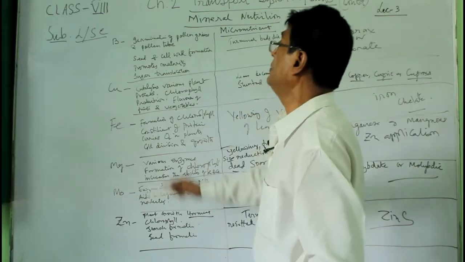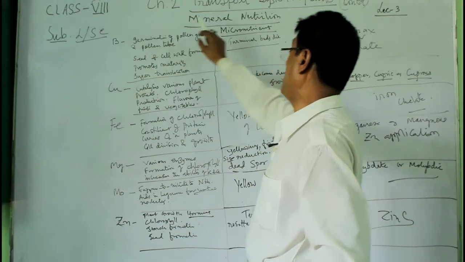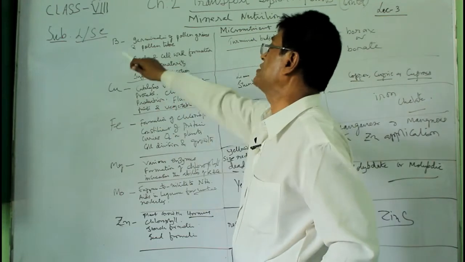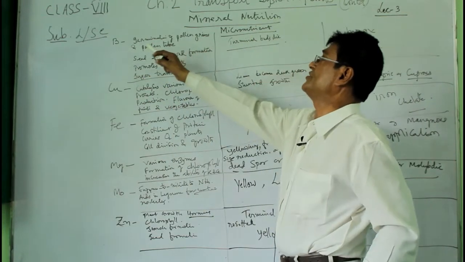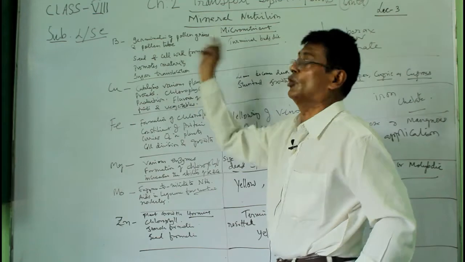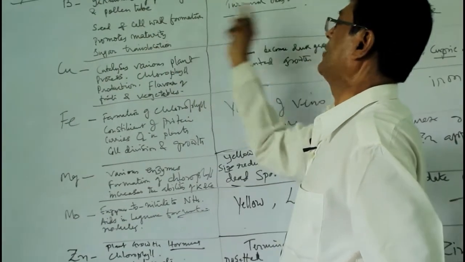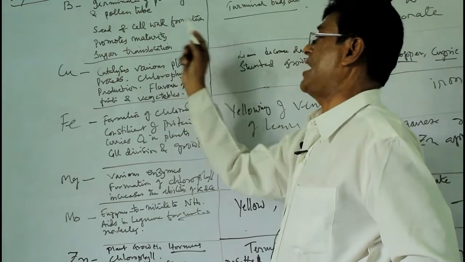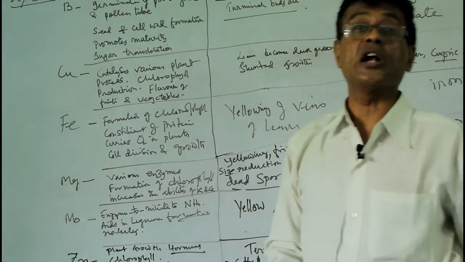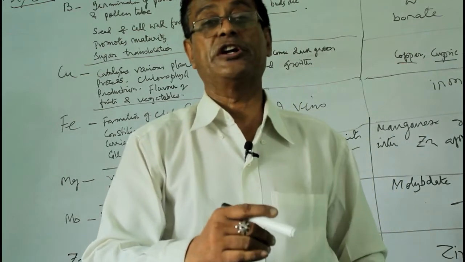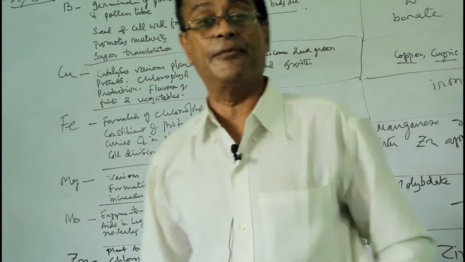Well, next are the micronutrients. In micronutrients, the first nutrient is boron. It helps in the germination of pollen grains and the pollen tube. It also helps in seed and cell formation, promotes maturity and sugar translocation. That means the formed sugar is translocated to different parts of the plant body.